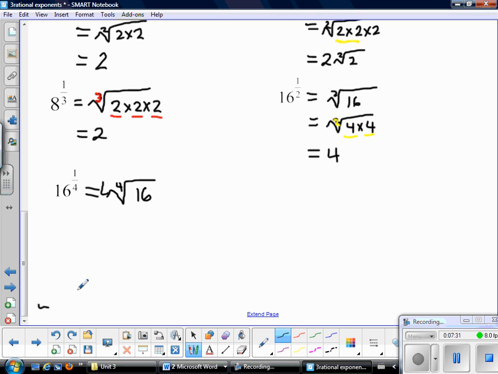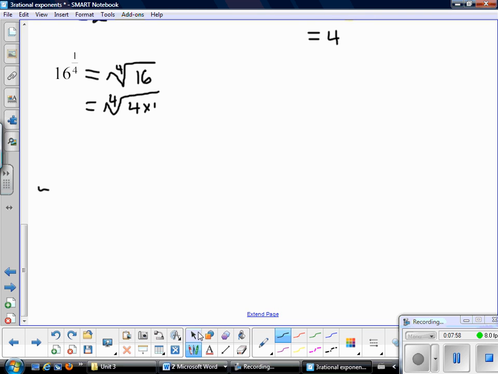The reason being that would be 4 times the fourth root of 16. So just be really careful, it's a little tiny 4. And so it means I would need 4 things that are identical to come out, if that's possible. Well, 16 we know is 4 times 4, and obviously that doesn't have 4 things that are identical. It's only 2 things.